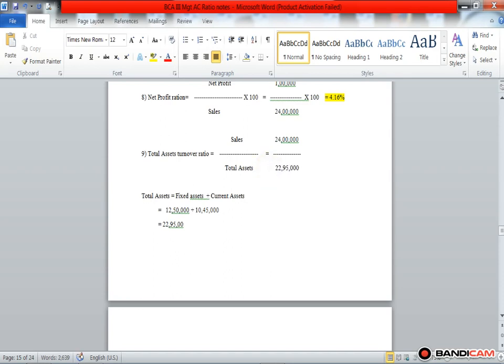Okay, is equal to how much? Sorry, 1.04 times. Okay, so utilization of fixed assets to turnover.